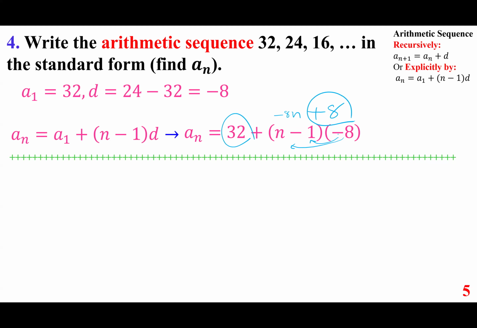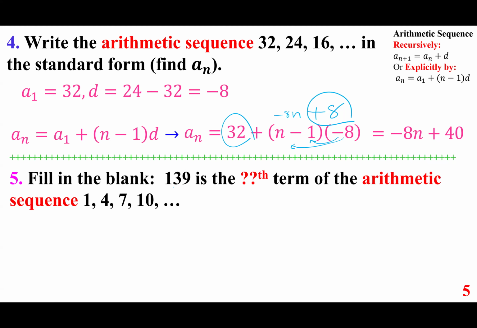These two add up, we get minus 8n plus 40. So a sub n is minus 8n plus 40. That's very straightforward. Hopefully everybody is okay with this, so we can move on.